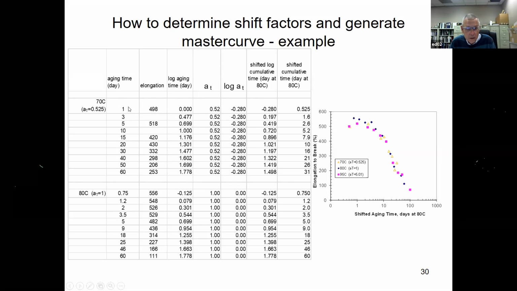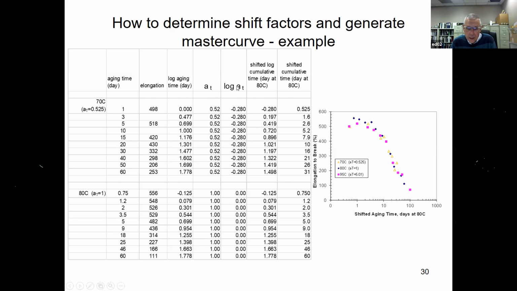So here's the log of those values. And then we're going to shift that data. So the shift factor is multiplying. It's the factor we multiply times to obtain good overlap.